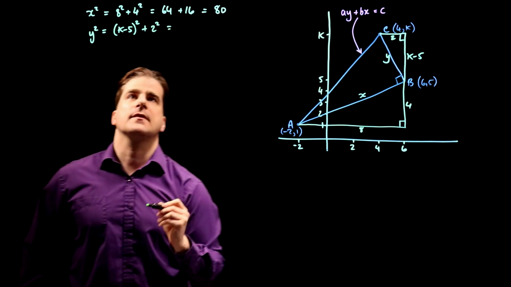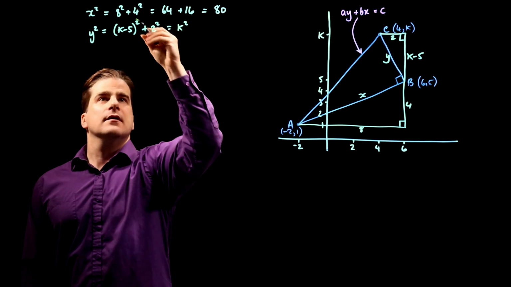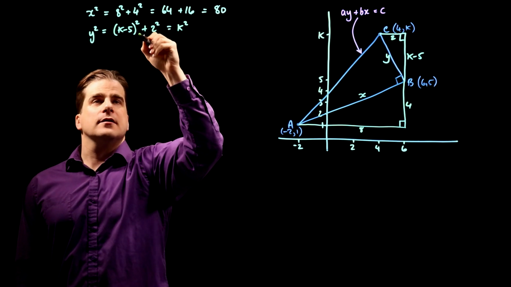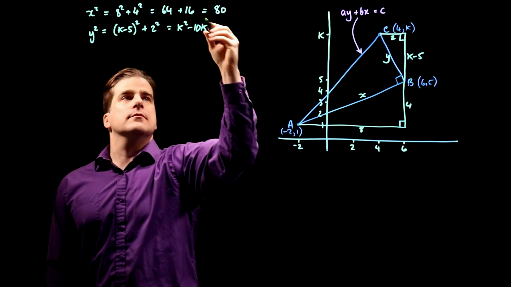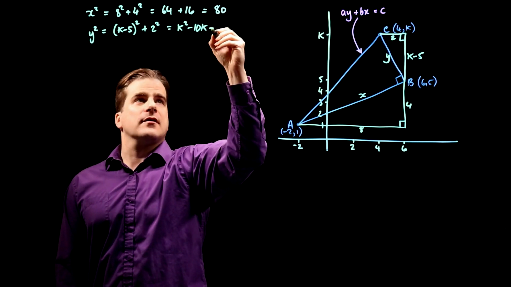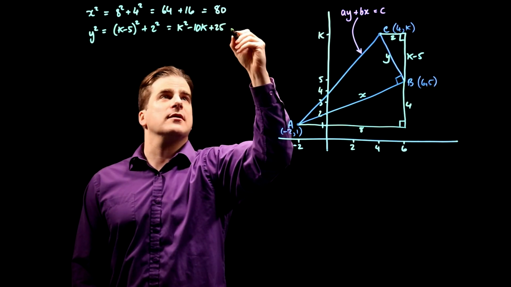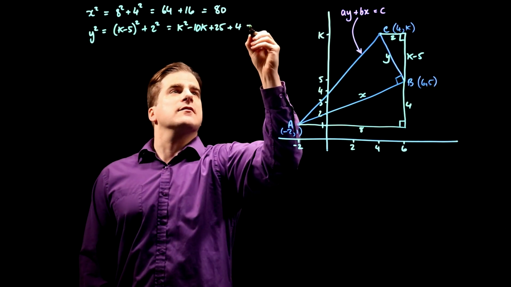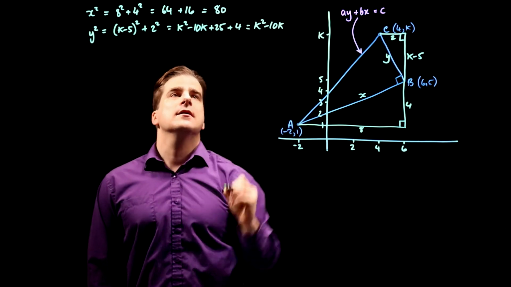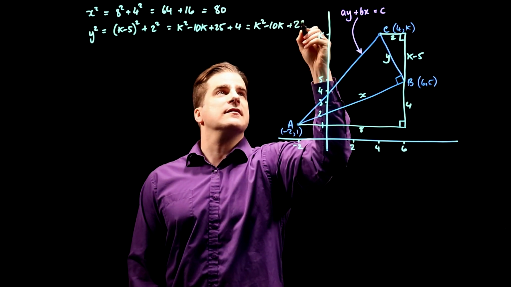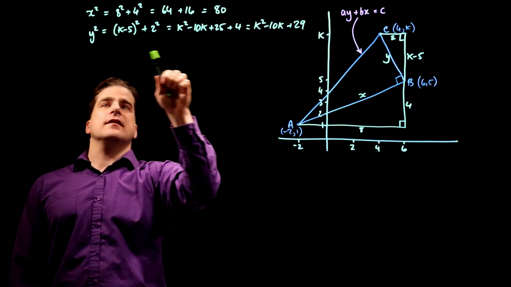Multiply out that bracket: it's k squared minus 10k, minus 5 times minus 5 is plus 25, and you've got the plus 2 squared, which is plus 4. So that's k squared minus 10k plus 29. Okay, so that is y squared.